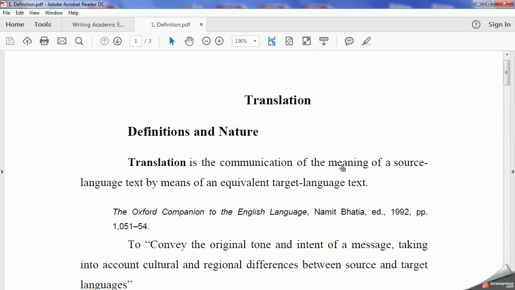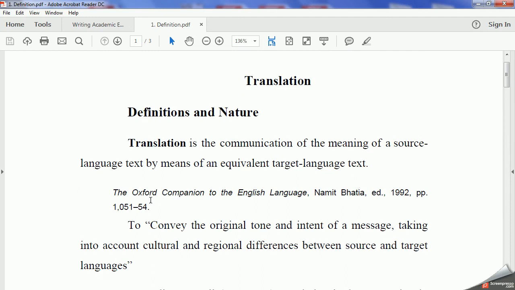Translation is the communication of the meaning of a source language text by means of an equivalent target language text. This definition is presented by the Oxford Companion to the English Language.